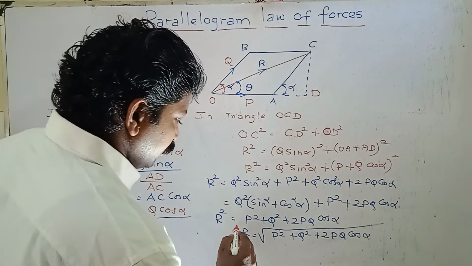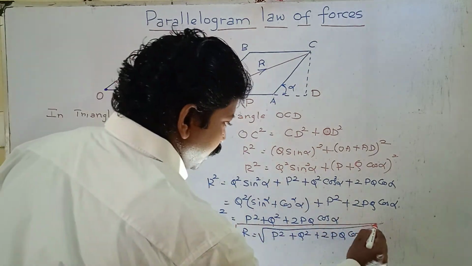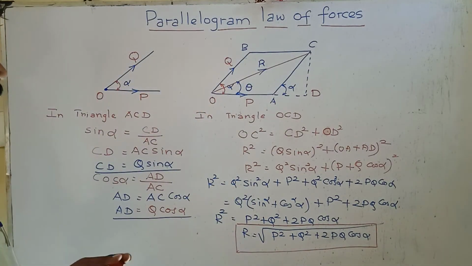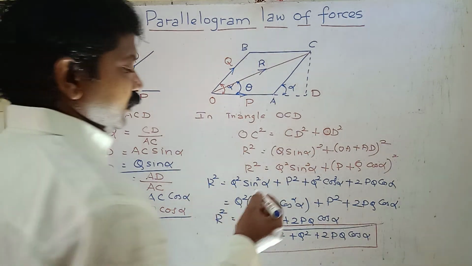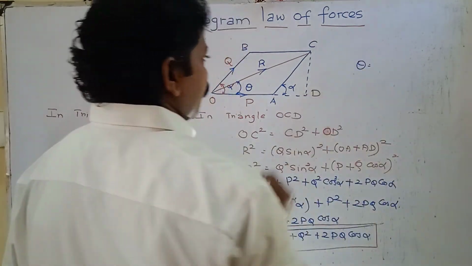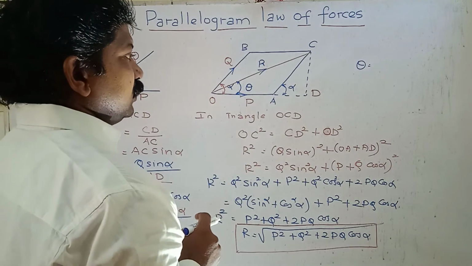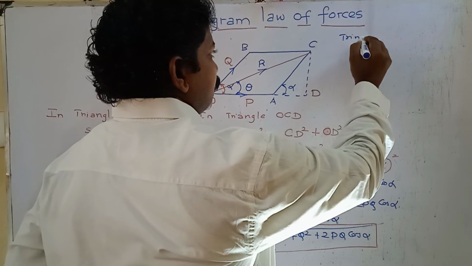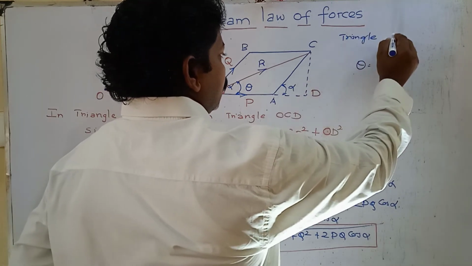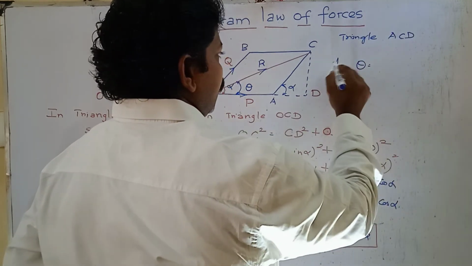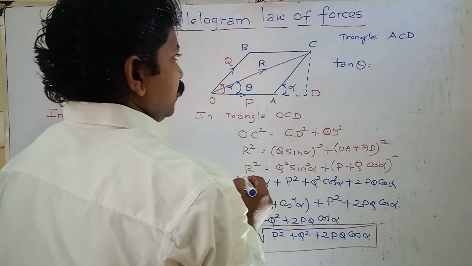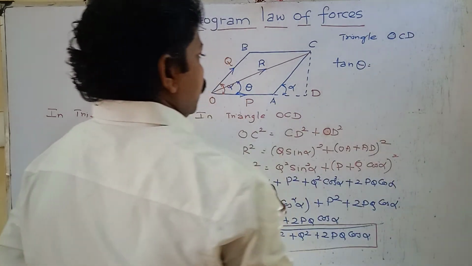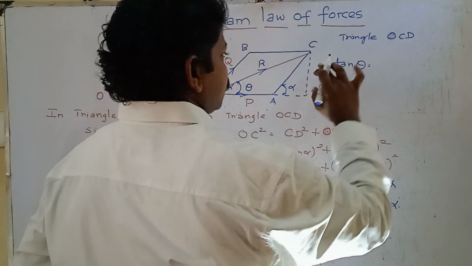This is the resultant of two forces P and Q. And then the direction of the resultant theta, how to find theta? In triangle OCD, tan theta equals opposite divided by adjacent.